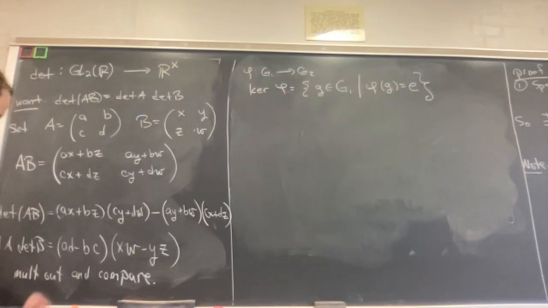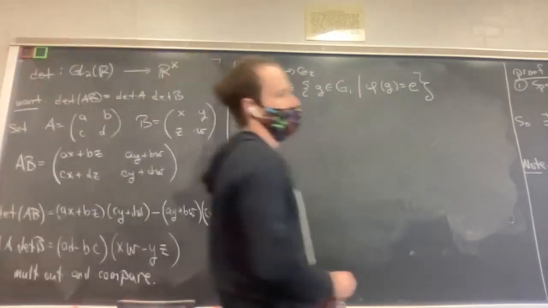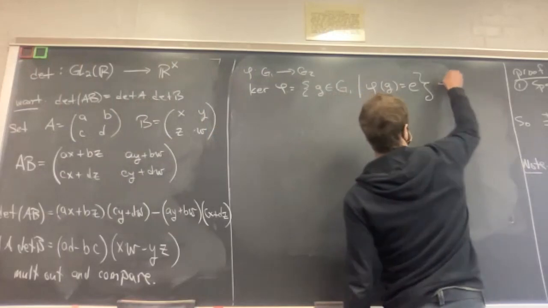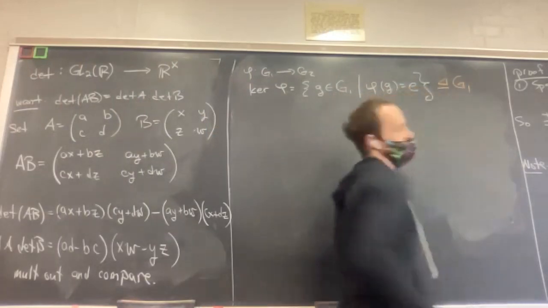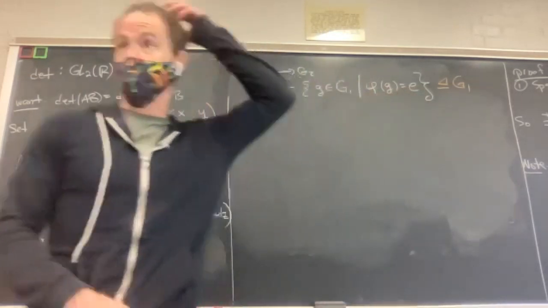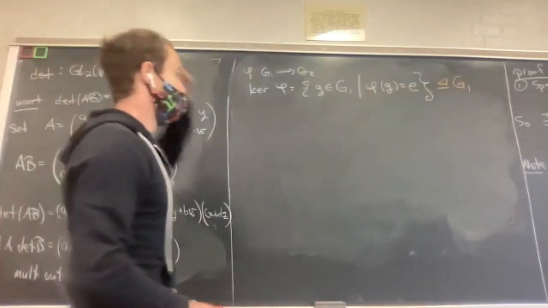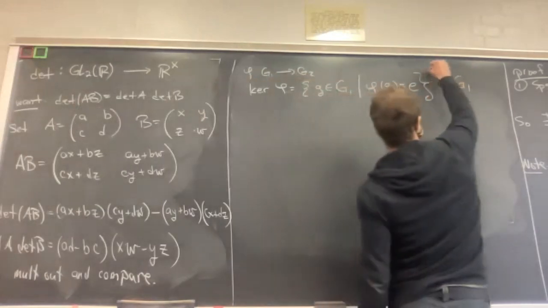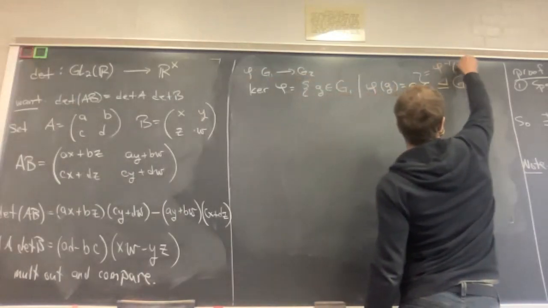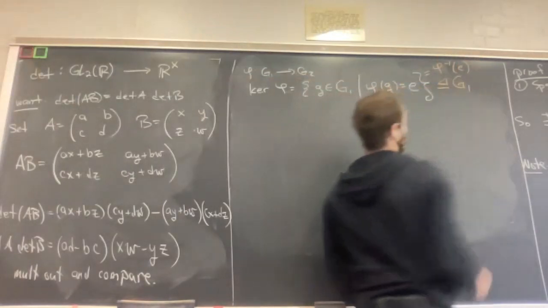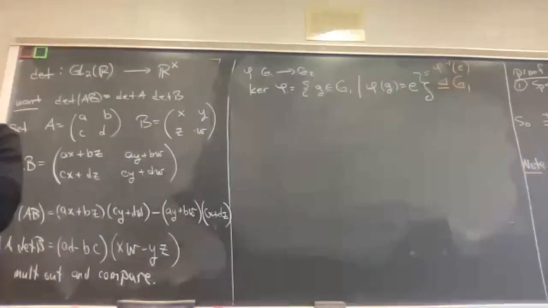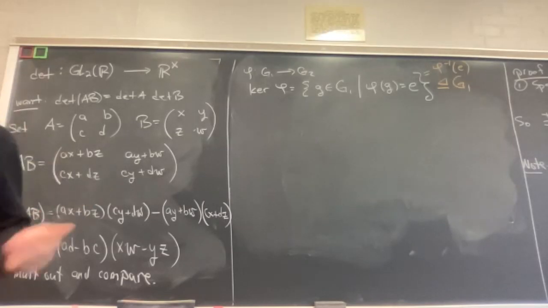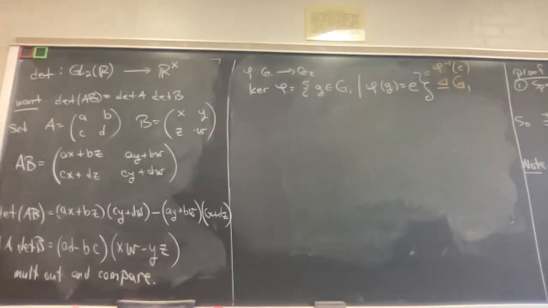In the video, it was proven that this is a normal subgroup of G1. That actually follows from a result we just proved, because the kernel is exactly the pre-image of the single element e, and the single element e is a normal subgroup. A pre-image of a normal subgroup is a normal subgroup. That's really all there is to it.